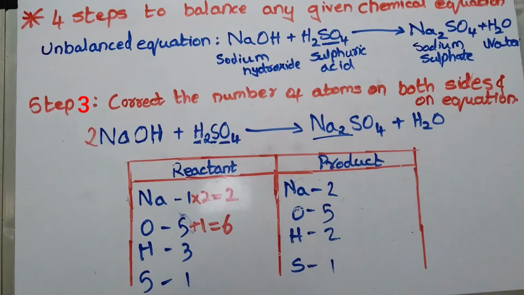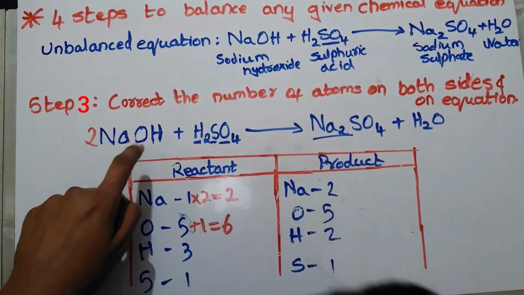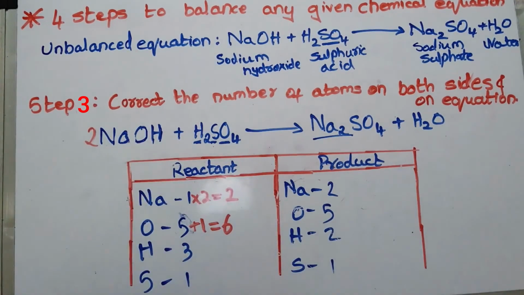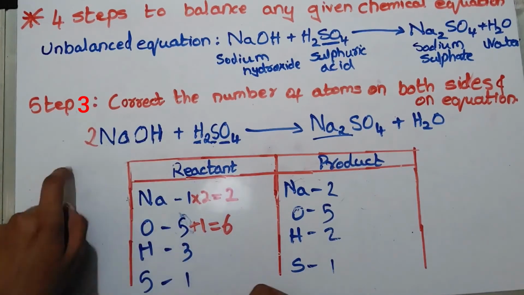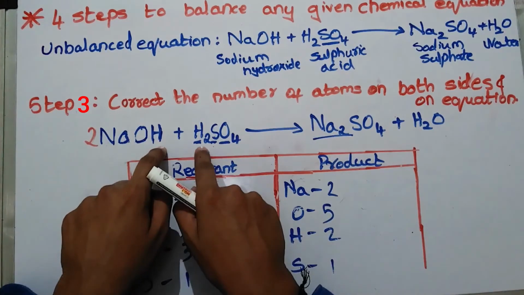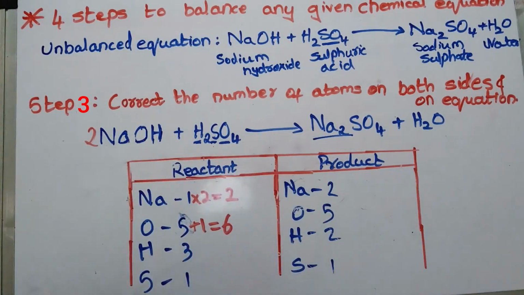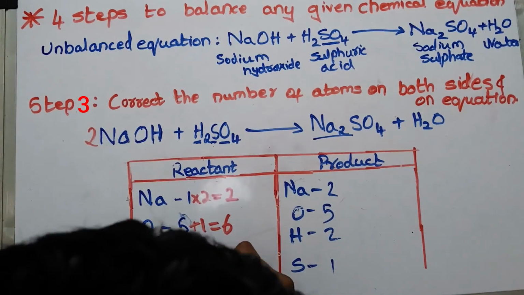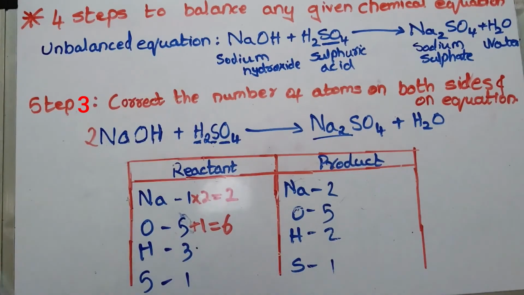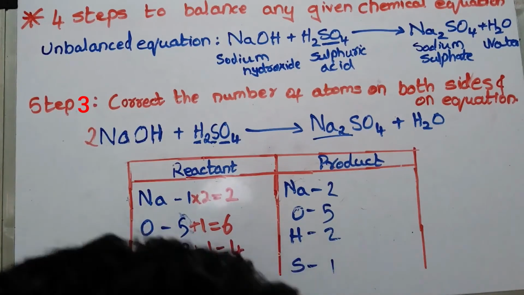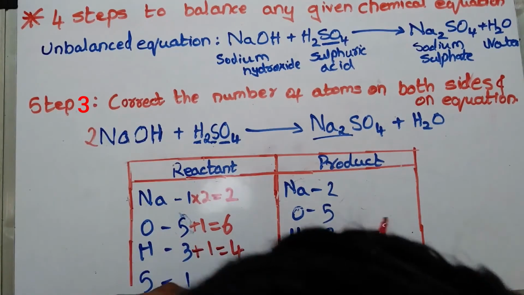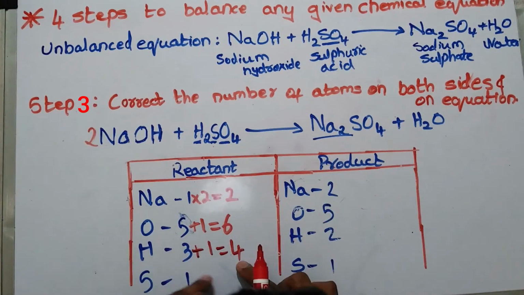Not only oxygen, it will also make changes in hydrogen, because the 2 will also be applied to hydrogen. So 2 hydrogens plus 2 hydrogens will make 4 hydrogens. So hydrogen is also disturbed: here 4 hydrogens and here 2 hydrogens.